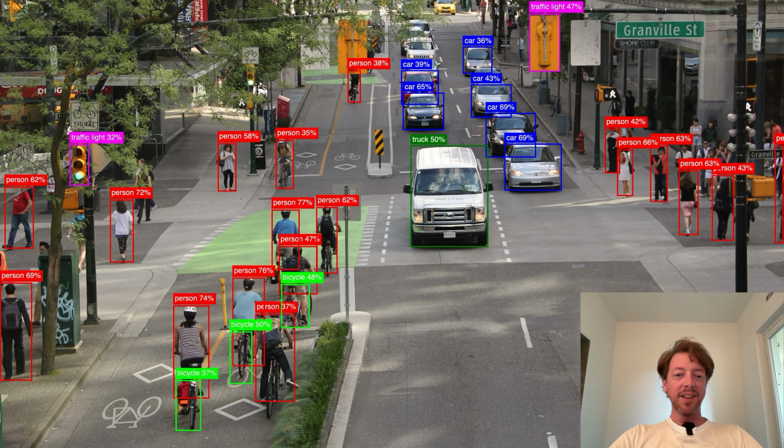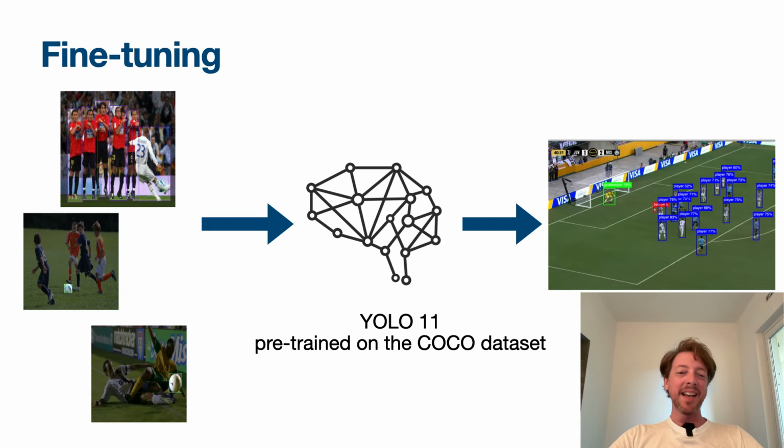But here is where it gets interesting. And this is the real magic of these pre-trained models, and pre-trained models in general in most cases. They're not just good at detecting those 80 classes.